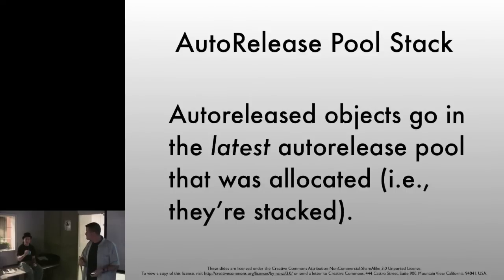If you look in main.m, which is the entry source file for every project, it automatically creates a pool. You can see where the pool gets created. You will have to do this if you're doing multi-threaded programming, but every time you create a pool, every autorelease that's called until that pool goes away, until that pool gets deallocated, every autorelease call will throw the object into the lastly allocated pool. Does that make sense? Stack of pools.